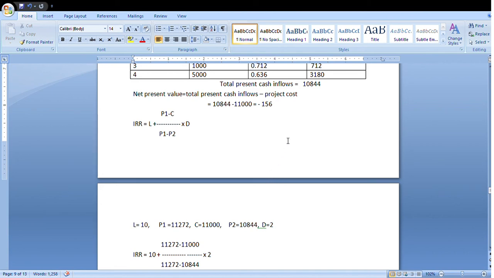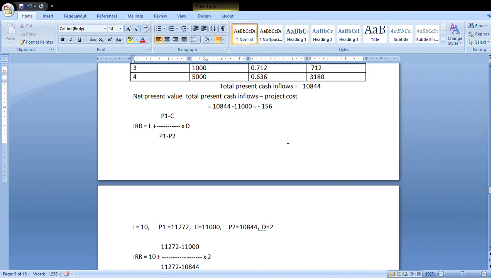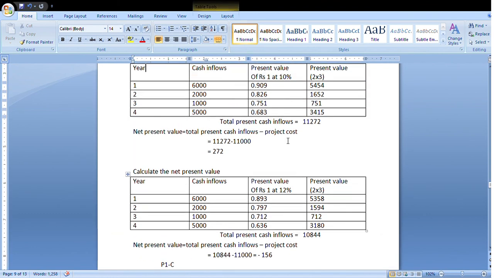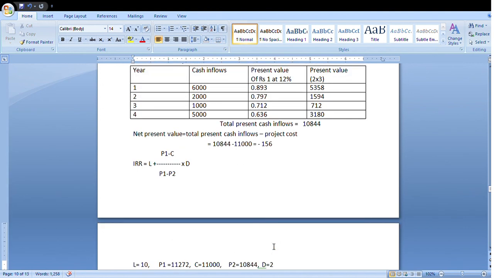First time you take 10%, next time 12%. The difference between the two discount rates: 12 minus 10 is equal to 2.